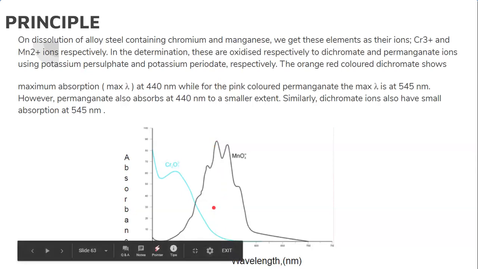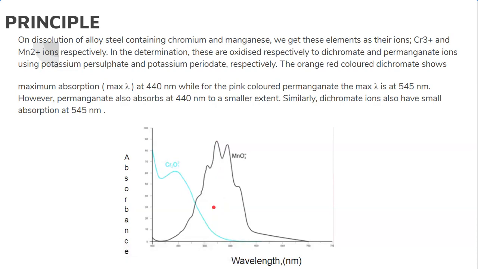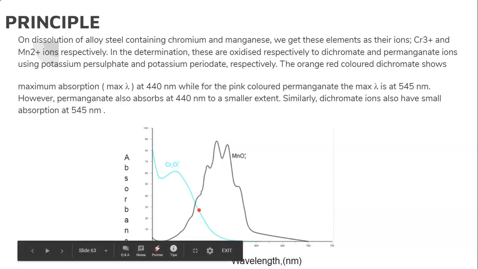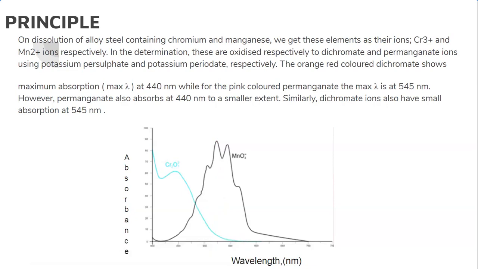Generally we identify this by a scan. The wavelength at which maximum absorption occurs is known as lambda maximum. To identify the lambda maximum we use a particular term, that is scan.